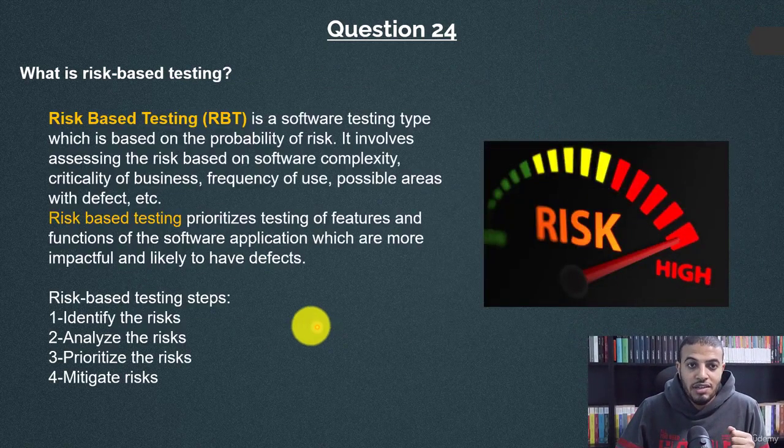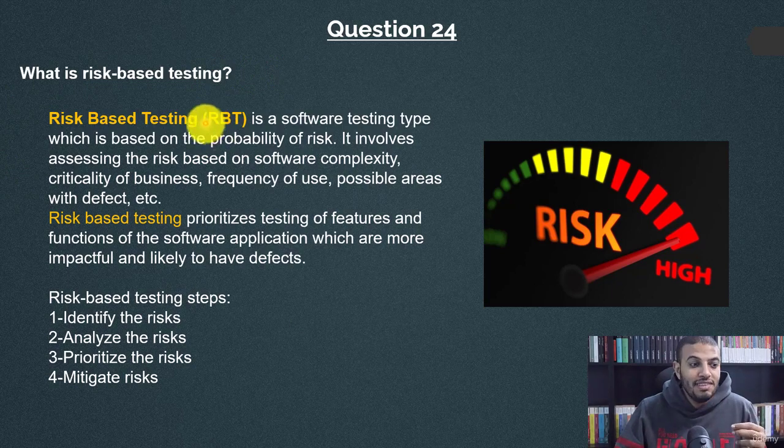Another important question is, what is risk-based testing? So risk-based testing, or RBT, is a software testing type that is based on the probability of the risk. So in risk-based testing, we prioritize our test cases based on their risks. First, we begin to assess our risks based on the software complexity, the criticality of the business, the frequency of use, and the possible areas that might include defects.